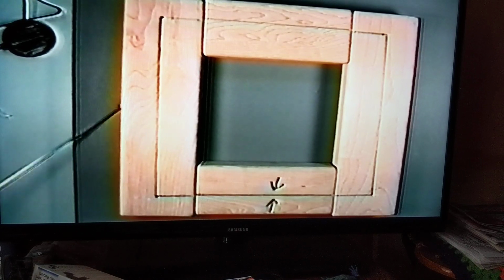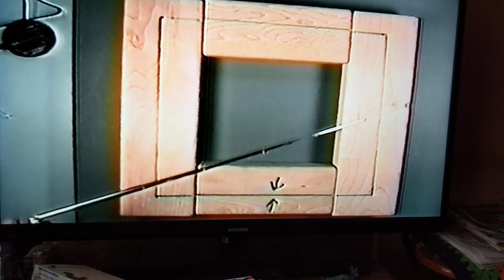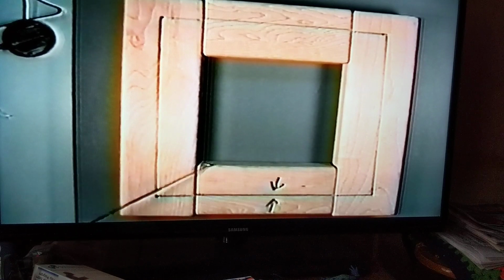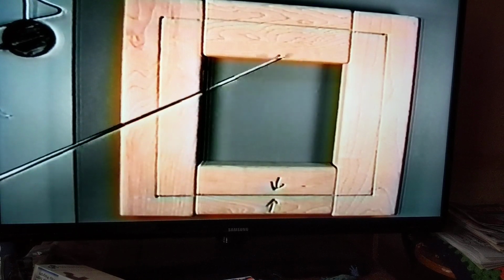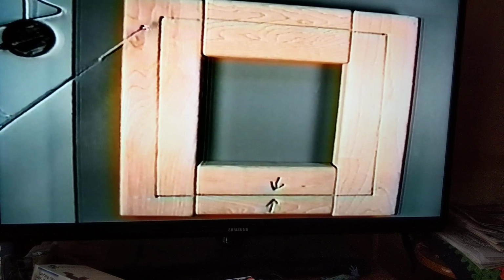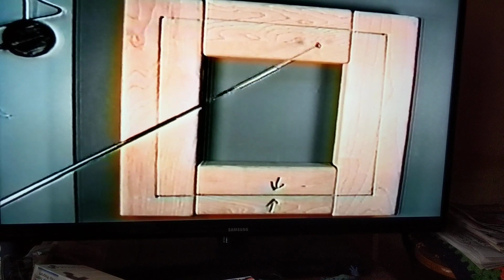The first is I could walk around the outside, and if I did that, I would get what I could call the exterior perimeter of the house. Or I could walk around the inside, and I would get what would be called the interior perimeter of the house. But suppose I wanted to walk dead center along this footing all the way around. If I were to do that and measure it, I would find what is called the centerline perimeter of the house.